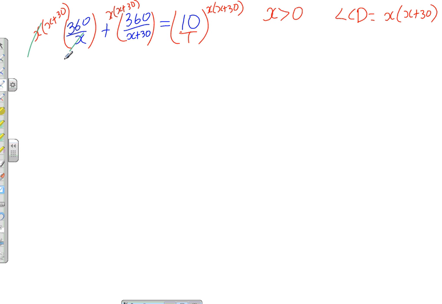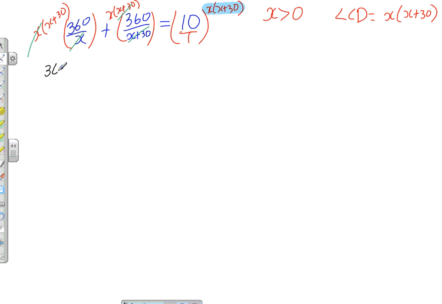Divide before multiplying. Don't forget this part. When people do these types of questions, they forget to multiply the 10 by the x and the x plus 30 as well. So watch out for that.